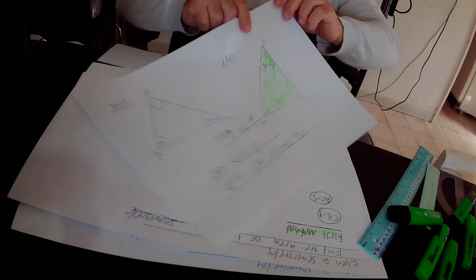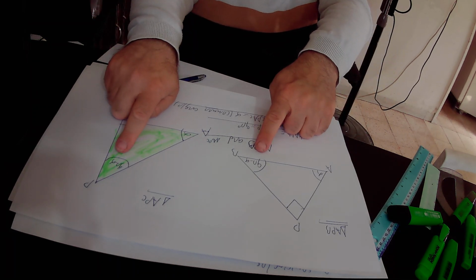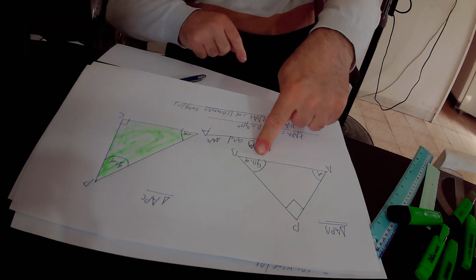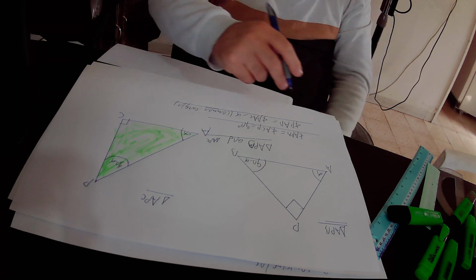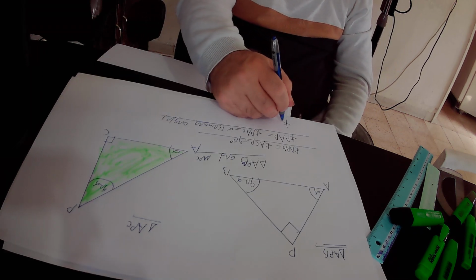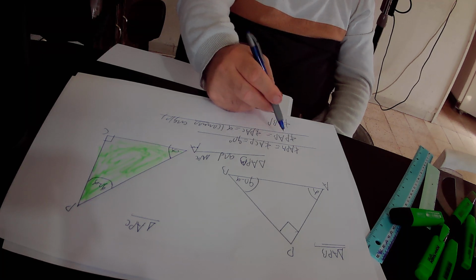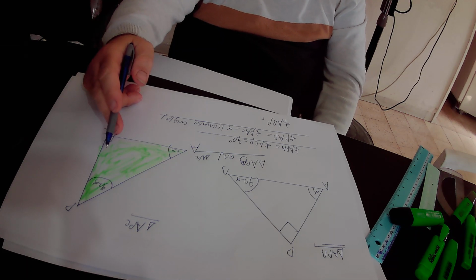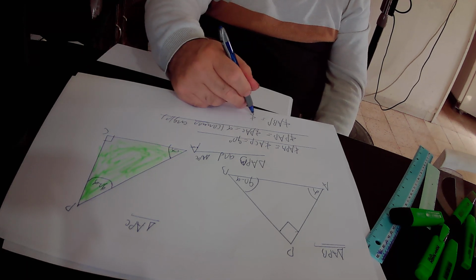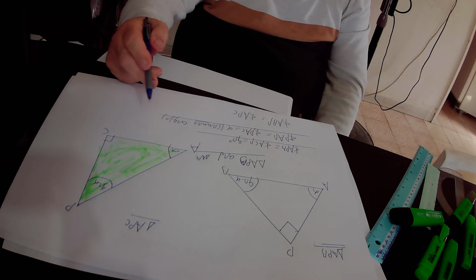And finally, those two angles are both equal to 90 degrees minus alpha, therefore they are equal to each other. So actually, this is angle ABP in the right triangle APB, and it is equal to this angle, that is actually angle APC in the green triangle APC.